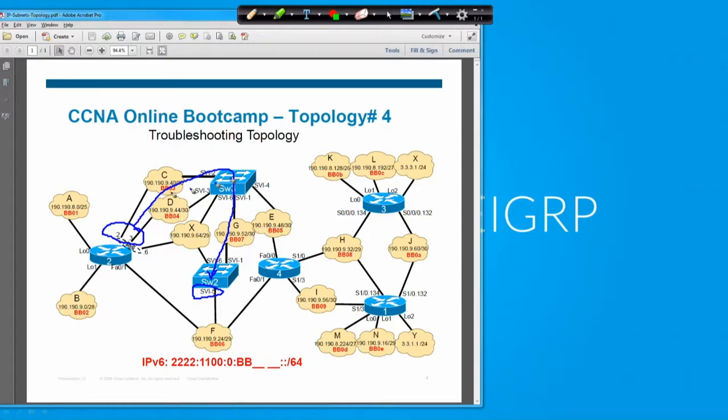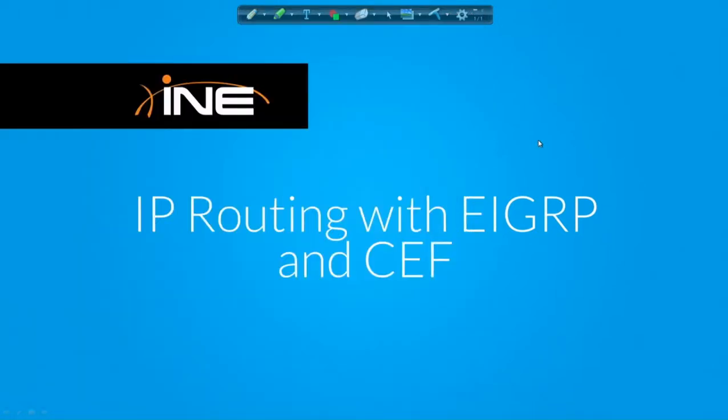Switch 3 has no way of getting to A or B or H or I or any of these other ones. So rather than enabling static routes on everything all over the board, which would be very tedious and time consuming, we're now going to enable our first routing protocol, EIGRP, to get full IPv4 and IPv6 connectivity throughout our topology.